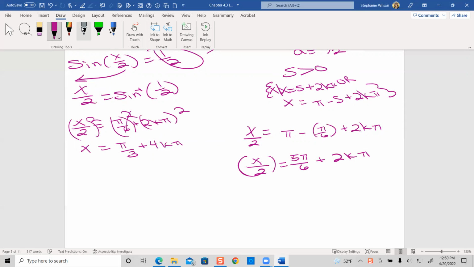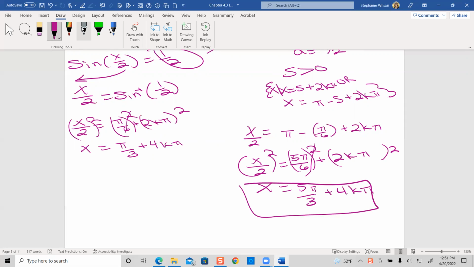And now we're going to multiply by 2. So now I got x is equal to, well, the 2 and 6 reduce, 5 pi thirds plus 4k pi. And now we have the information we need to find all real numbers that satisfy that given equation.